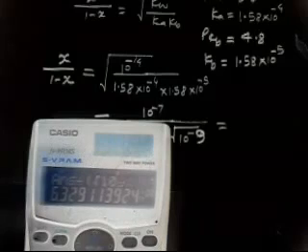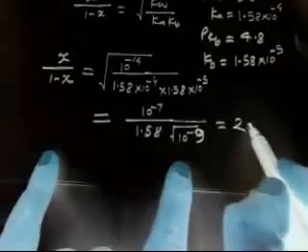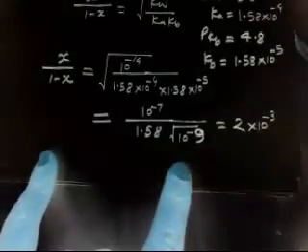Are you getting? So this is 10 to the power minus 9, so we will have this value. This is coming out to be 2.2 into 10 to the power minus 3. So this value is coming out to be 2 into 10 to the power minus 3.